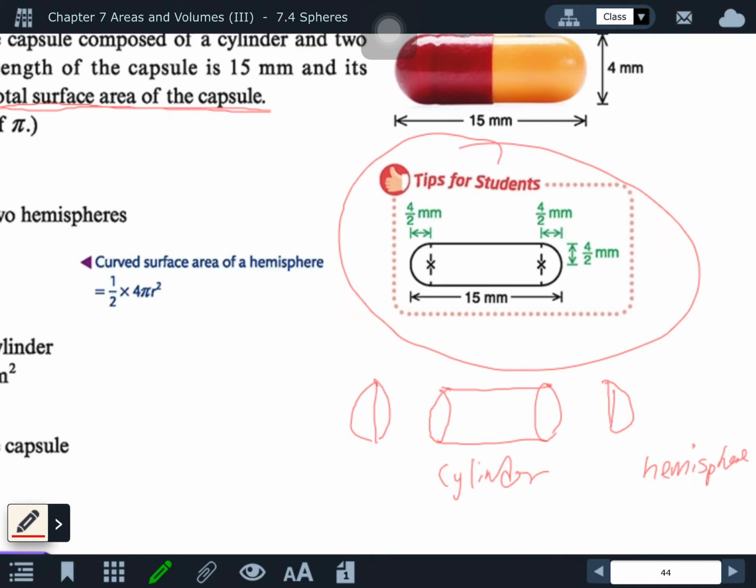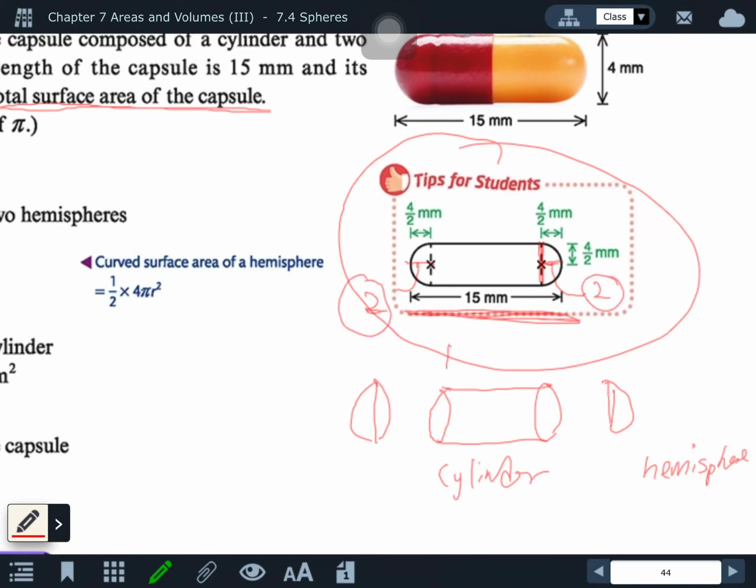So if we know the details about this, the first thing we need to find out is, because we know that the diameter of this sphere is 4, therefore the radius should be 2, right? Okay, then because the whole thing has a length of 15, we minus 2, minus 2.